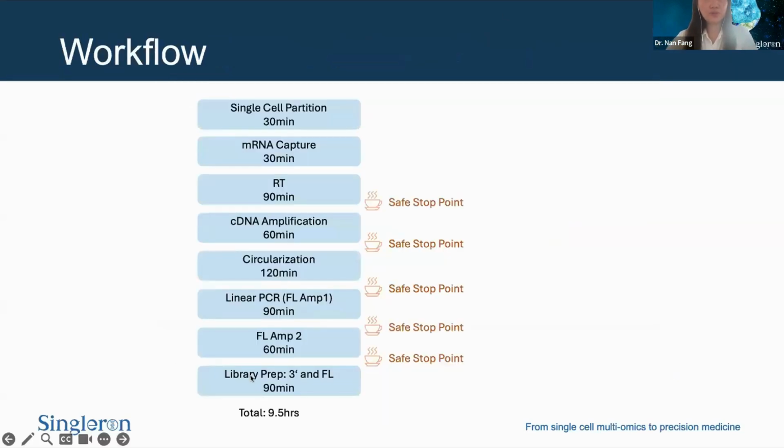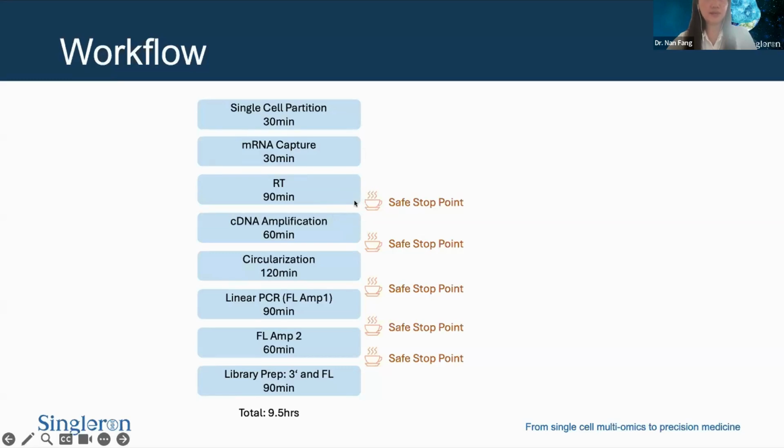And the workflow is quite straightforward and quite easy. The first part is single-cell partition using our microwell-based microfluidics chip, either manually or on our automation platform, as well as the mRNA capture on the chip, and then collecting all the cell barcoding beads, now bound to the cellular mRNA, and RT outside of the chip.